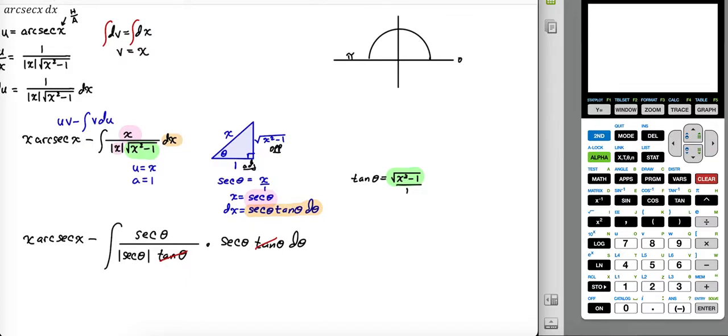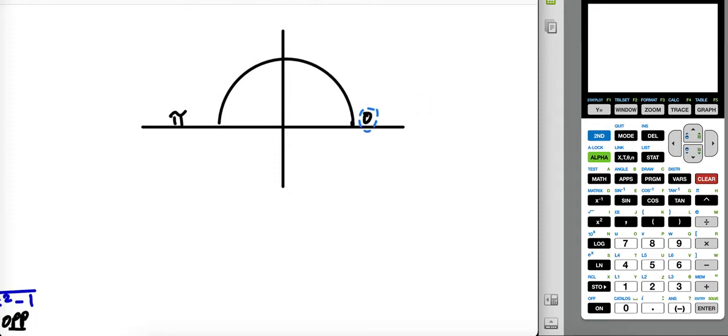Alright, so if we look at the circle and just choose any arbitrary location along there, one of the things about the secant function is that we are calling the hypotenuse the unknown. So we're calling that x, and we're calling the adjacent side 1, so actually we're living beyond the circle.